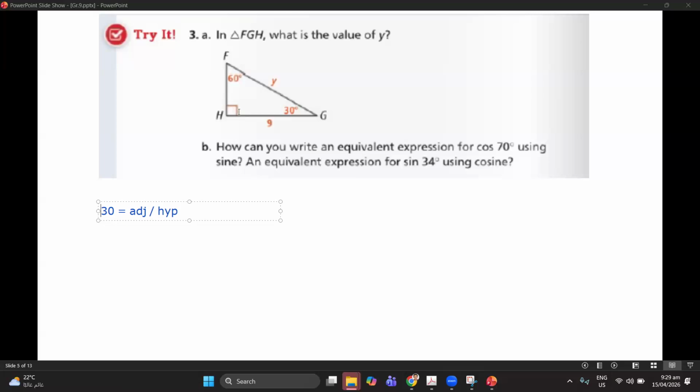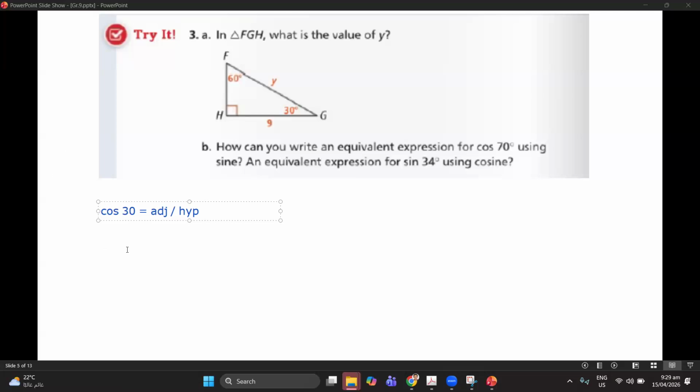Now, which ratio for angle 30? For the given, which is 9 over y, the adjacent over hypotenuse. Which ratio is adjacent over hypotenuse? It's cosine.